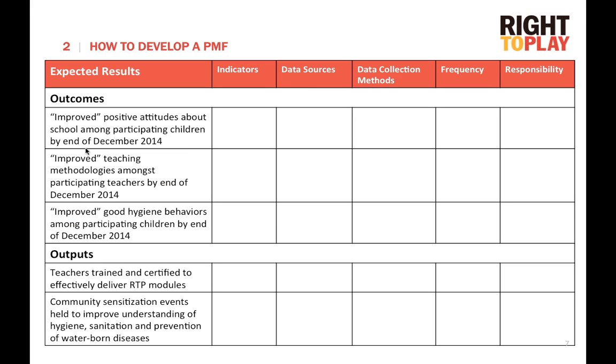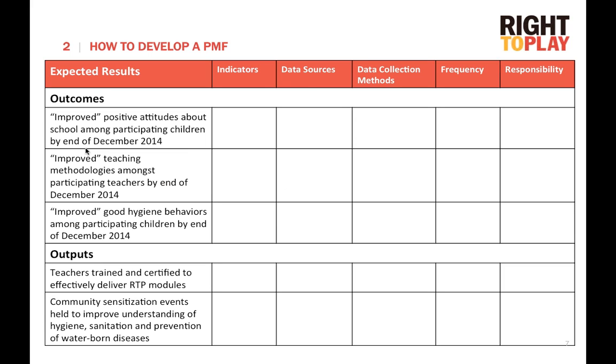What constitutes something actually getting better and having a positive change over time? Because if I ask each of you what improve means, I might get a completely different response from every single person. So it's important that you outline this very clearly and that you define this at the outset of the PMF development process.